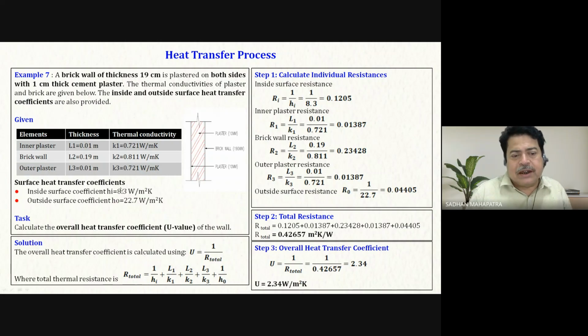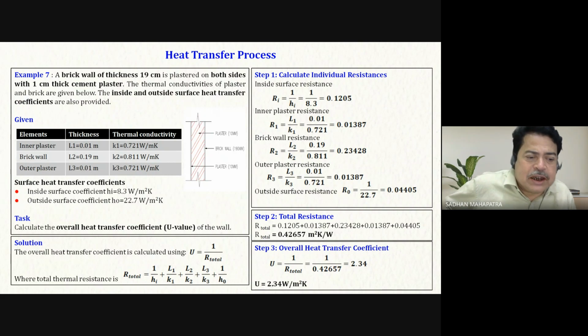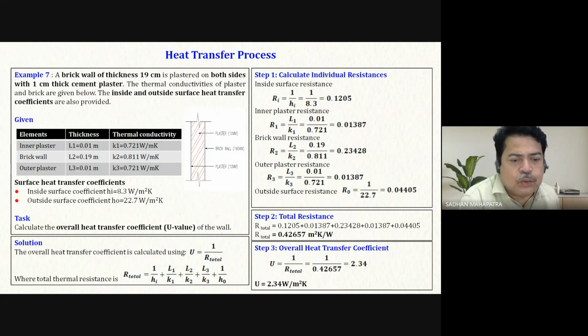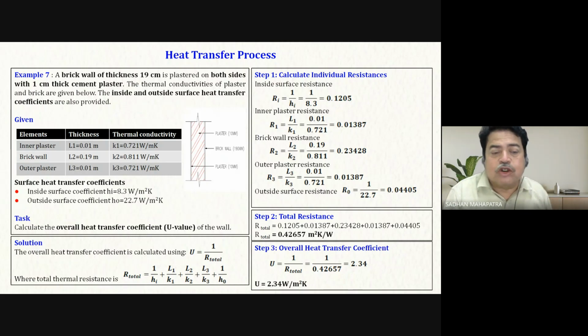Now, surface heat transfer coefficient: inside surface coefficient Hi is 8.3 watt per meter square Kelvin, whereas the outside surface coefficient H naught is 22.7, because outside there will be more convective heat transfer due to the wind flow, but inside the air is more or less still, so there is not much heat flow.